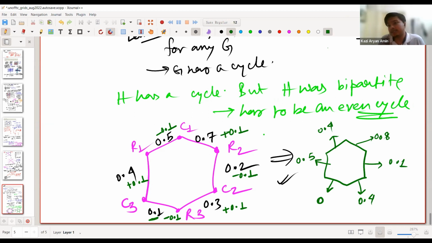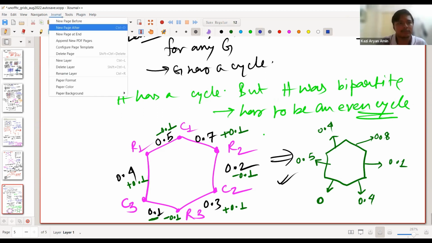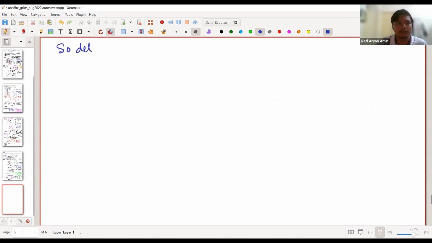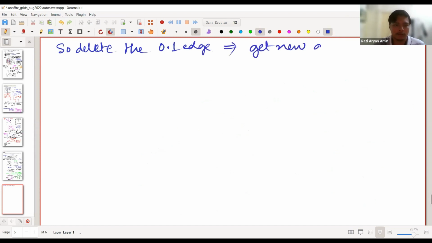But what it also does is leave us with a new graph, let's say H dash, which has one less edge than H, but it still has all the properties that H had. So I'll just go to the next page. Delete the 0.1 edge, get the new graph H dash.